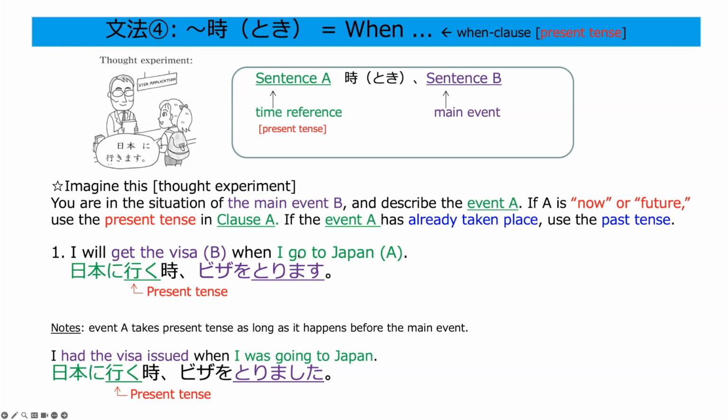Since from the point when you are getting a visa, going to Japan happens in the future, right? Getting a visa first, then going to Japan. So in the when clause in Japanese sentences, they use the present tense here. 日本に行くとき、ビザを取ります。Translation can be, I literally translate, when I go to Japan, I will get the visa, or I get the visa.